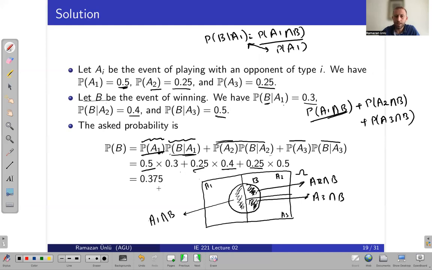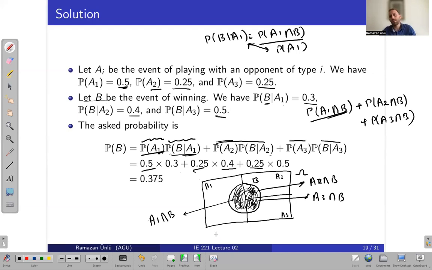This will give 0.375. This is the probability of winning the game against a randomly chosen opponent.